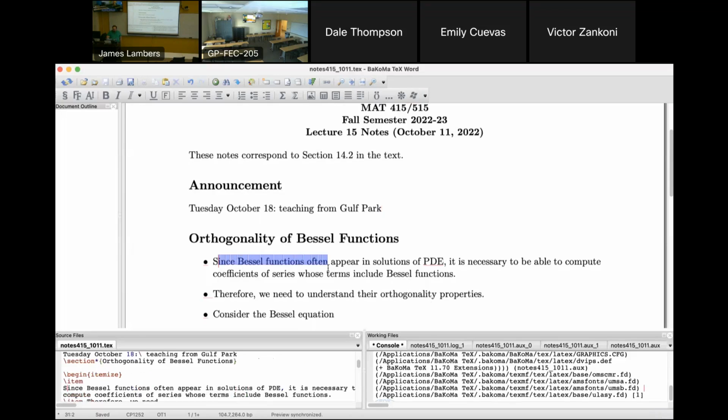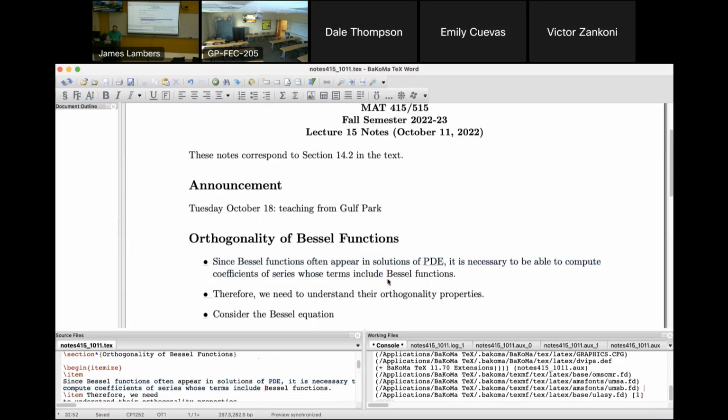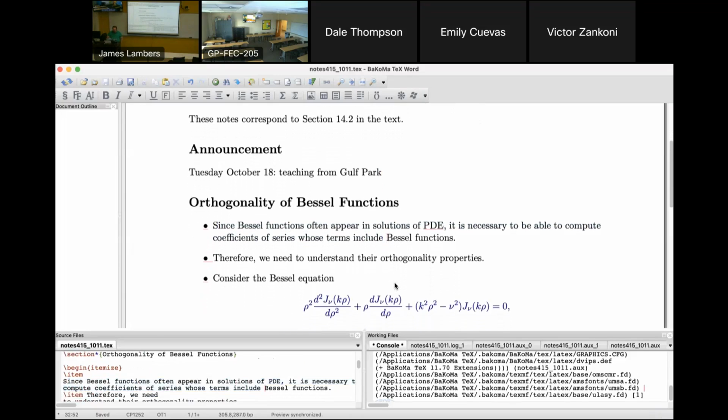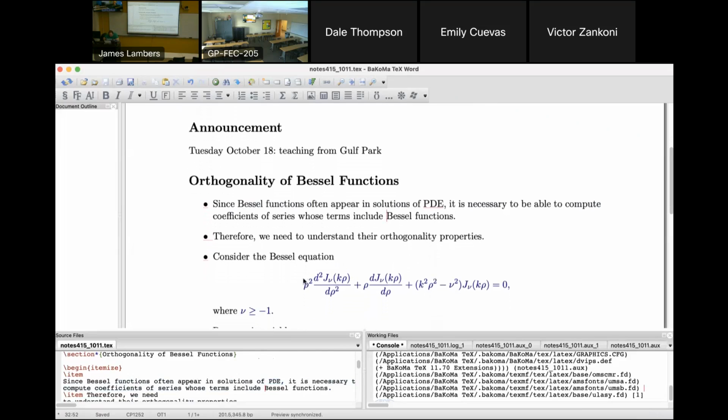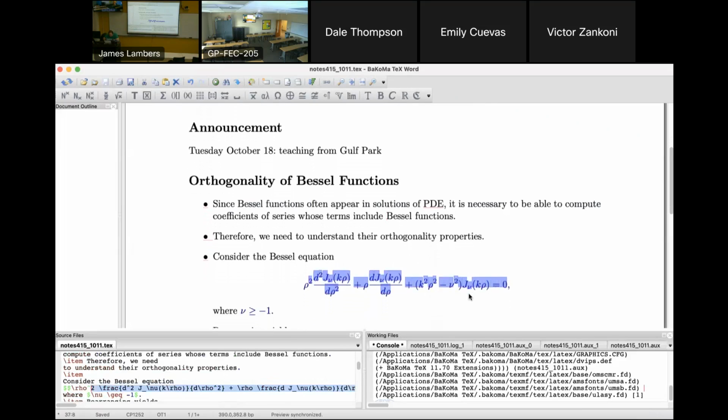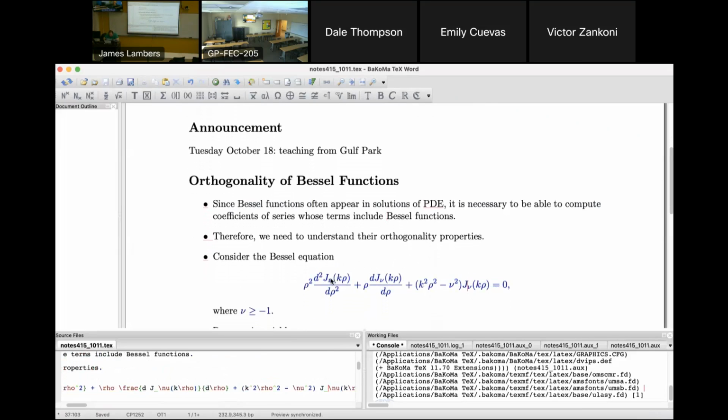This is the application: to express a generic function as a series expansion involving Bessel functions, and to be able to compute the coefficients. So what we have here is the Bessel equation, and the solutions of this ODE are the Bessel functions of the first kind.